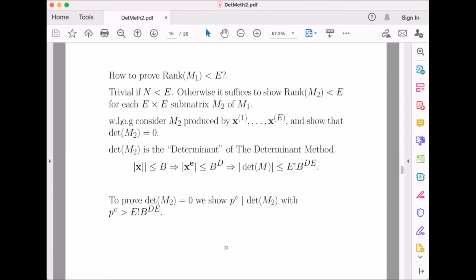Well, might as well consider the submatrix produced by the first E rows. And we're going to show that the determinant of this is 0 if the auxiliary prime P is chosen suitably. And this is the determinant that gives the method its name. It's a determinant constructed out of monomials in various of the solutions of F equals 0.